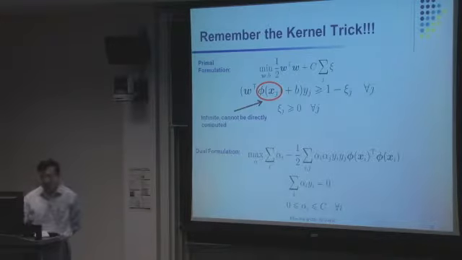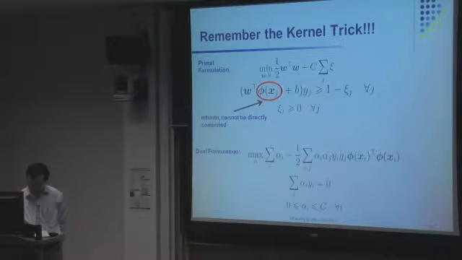anybody remember what is the decision boundary of SVM? It is W transpose times phi of xi, right? And we are asked whether it is greater or smaller than 0 or something, right? But what is W? W is basically a weighted combination of some support vectors, right?